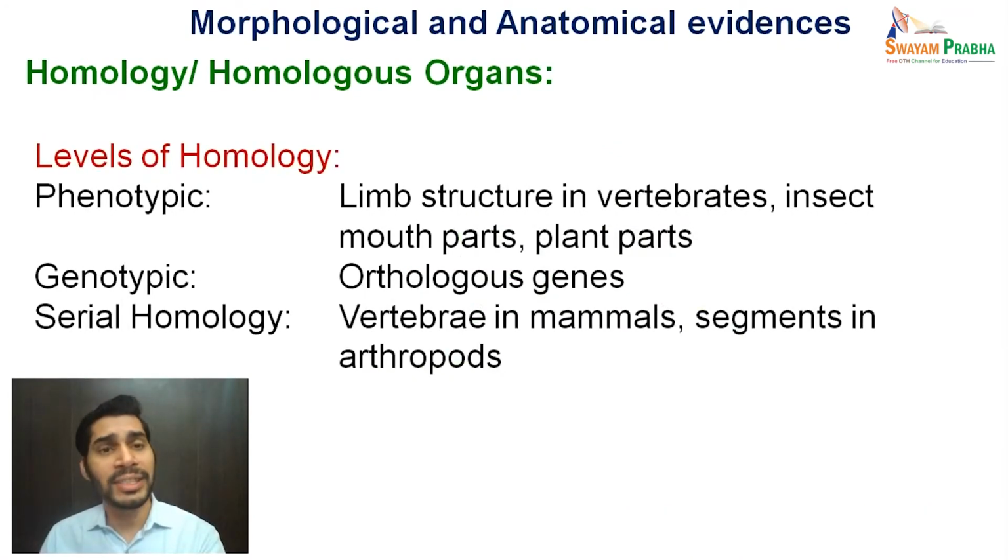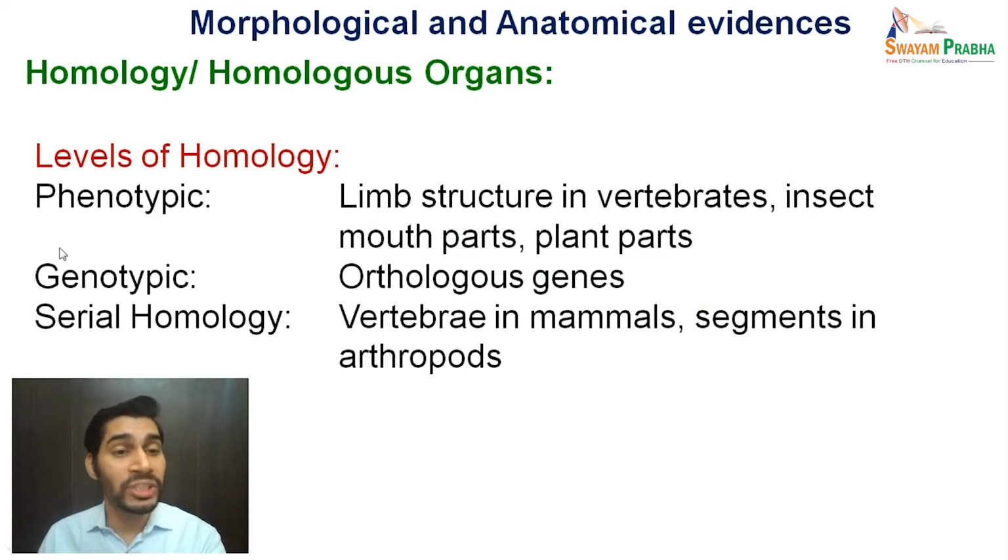Now this level of homology which we have discussed through limb structures, insect mouth parts or the plant parts, is more phenotypic in nature. But the homology can be seen at various levels. The one which we have discussed is phenotypic in nature and we discussed it in different organisms.